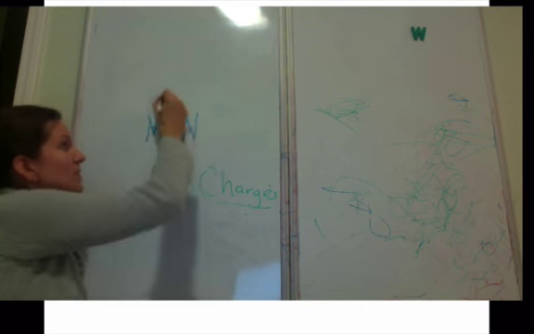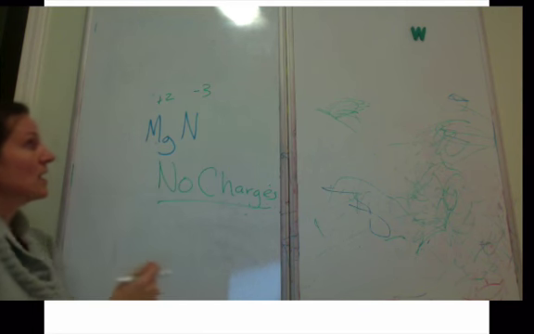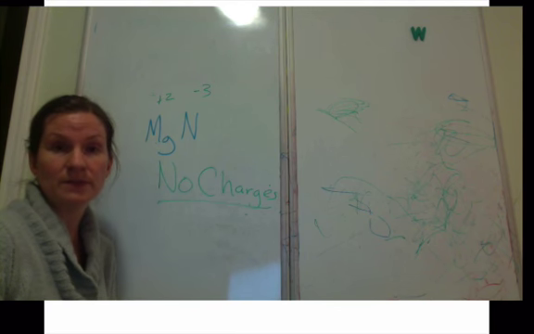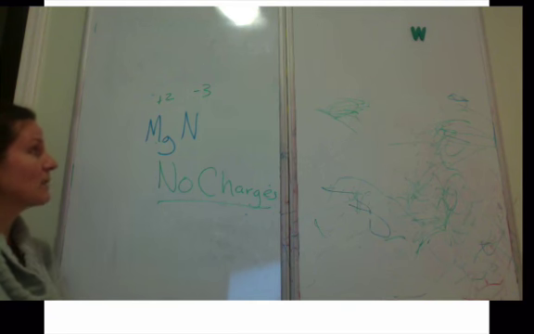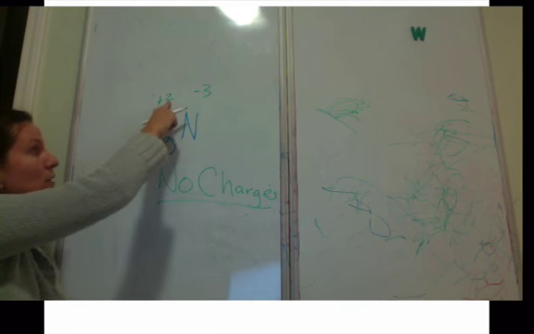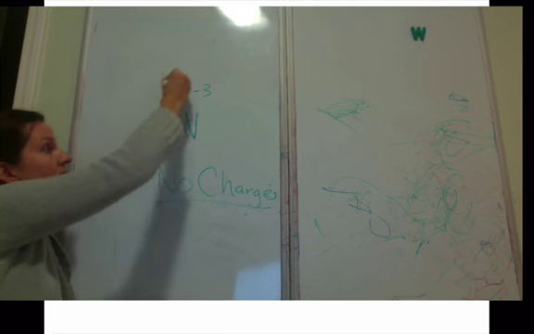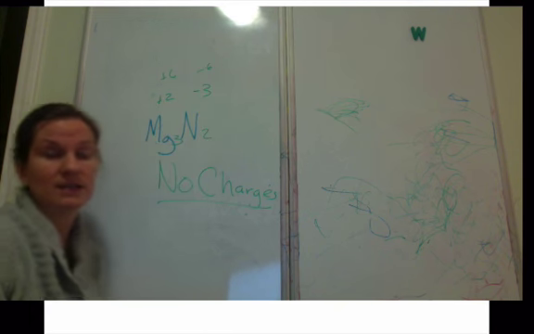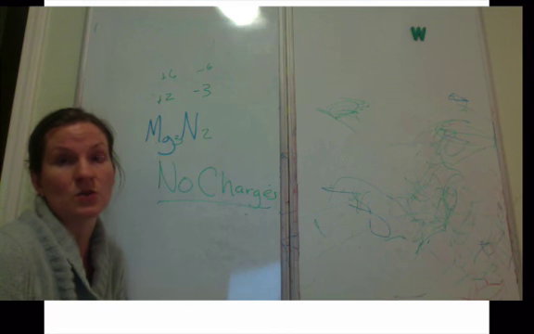So again, if this was a +2 charge and this was a -3, it's about finding the lowest common multiple of these two. Since 6 is the lowest common multiple of both, you need 3 2s to make an overall charge of +6, and you need 2 3s to make an overall charge of -6. So there's a lowest common multiple idea you can use.